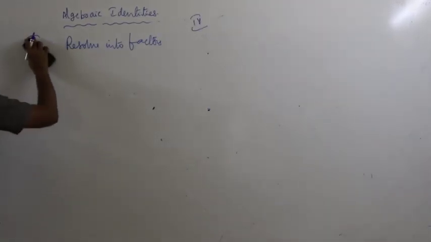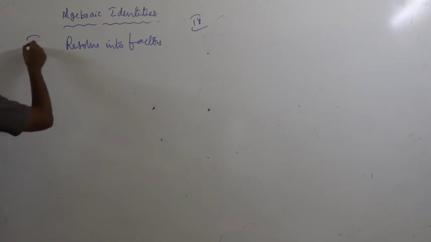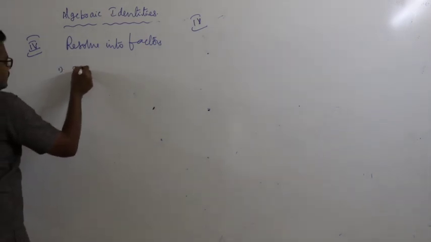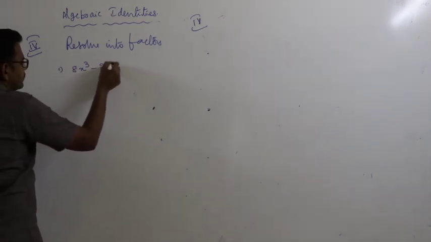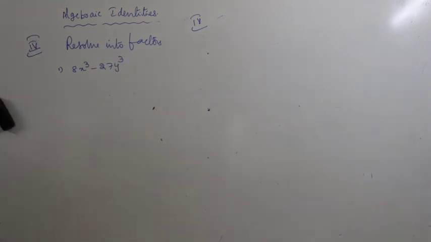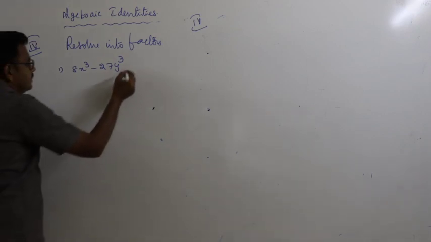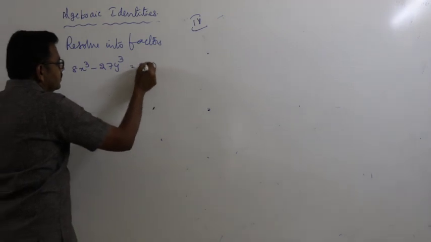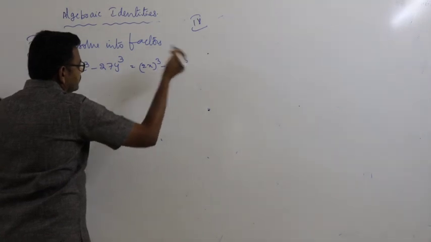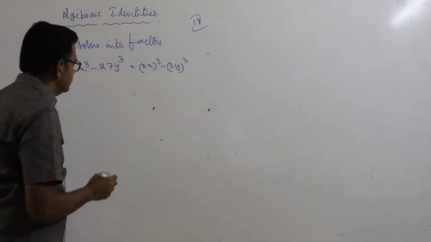Next one. Resolve into factors. 8x cube minus 27y cube. This is 2x whole cube minus 3y whole cube.